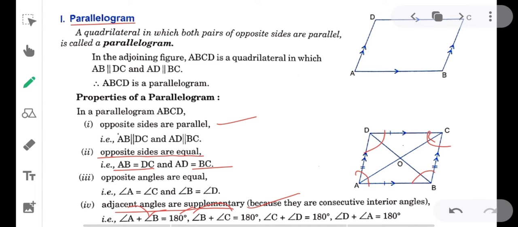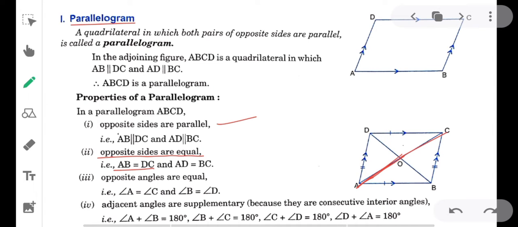Okay, next property is the diagonals of a parallelogram bisect each other. So the diagonals of a parallelogram are AC and BD. These are the two diagonals of this parallelogram, and these two diagonals bisect each other. That means AO equals OC and OD equals OB. Clear?